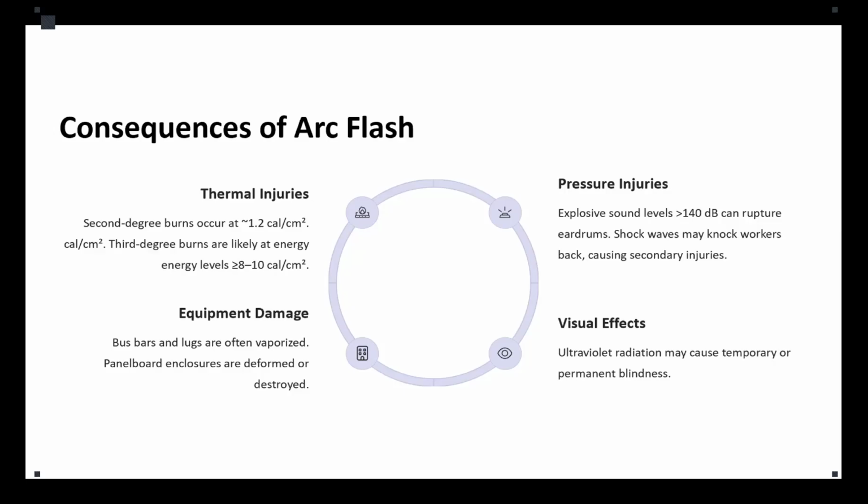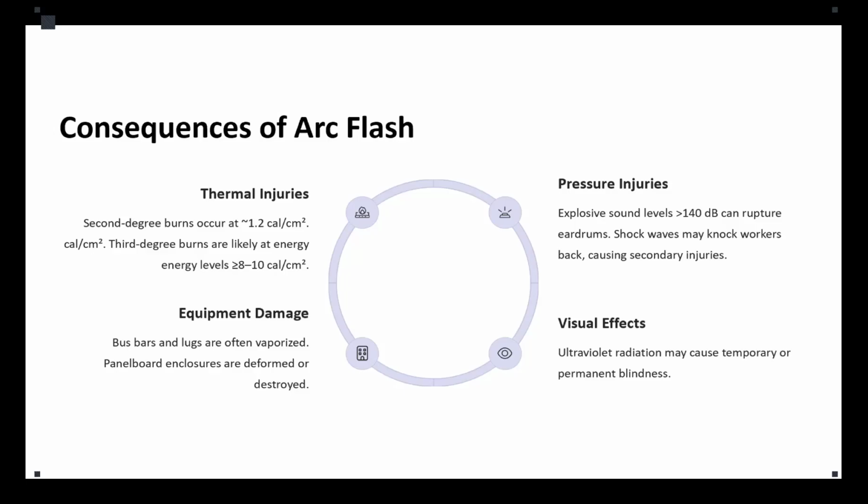This heat is released as thermal radiation, primarily infrared or ultraviolet radiation, and can instantly ignite clothing or cause steam burns, even if you don't have direct contact with the arc flash.